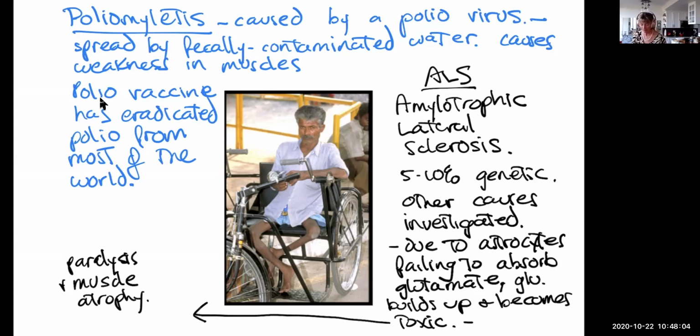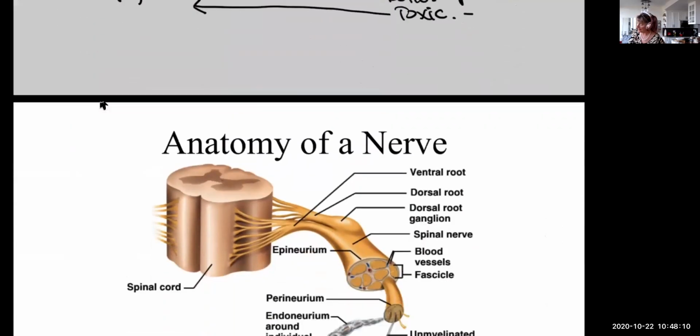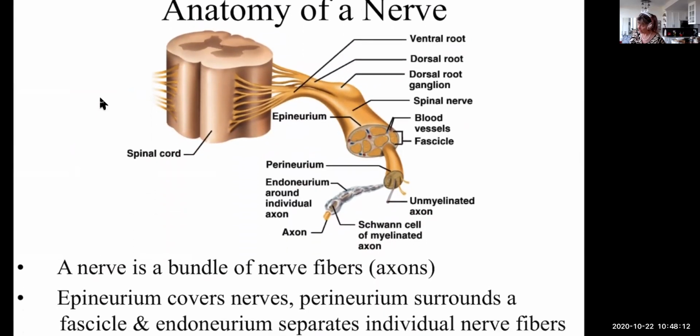So let us look at the anatomy of a nerve. So I'll write some notes about this in a moment. Here is the nerve. A nerve is a bundle of bundles, really.